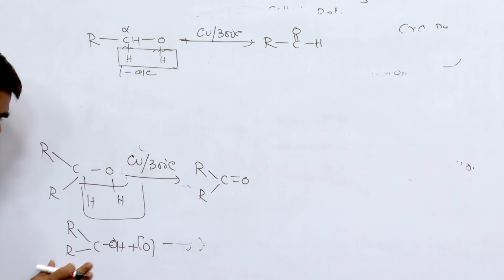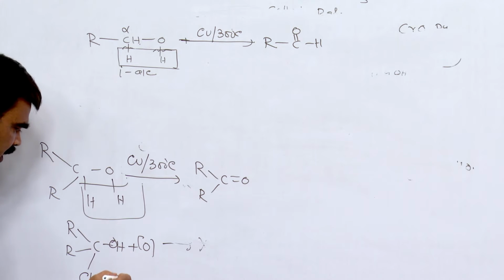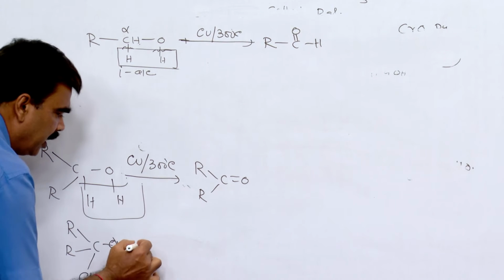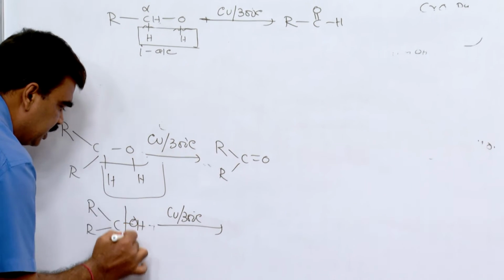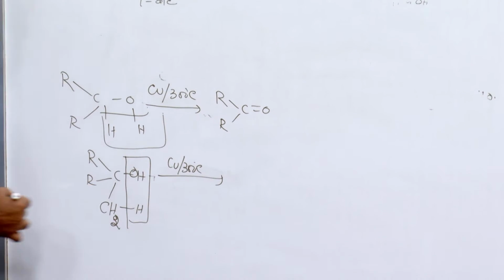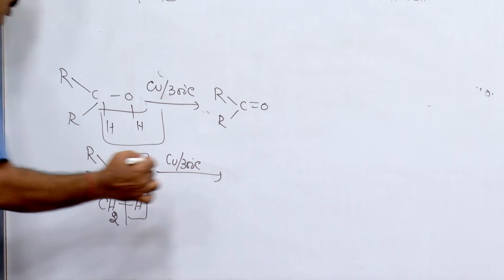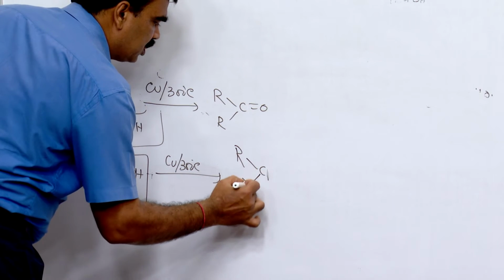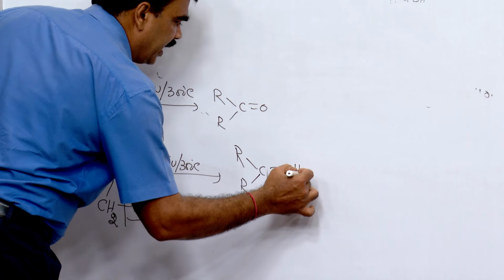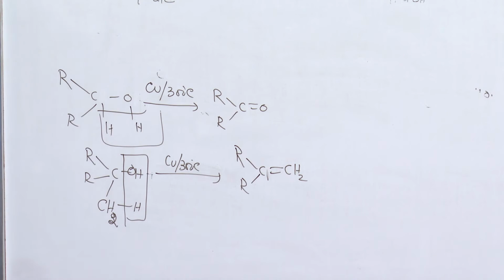If you take tertiary alcohol, I have already discussed it, when heated with reduced copper at 300 degrees Celsius, instead of dehydrogenation, it undergoes dehydration to give you alkene. This is the difference in reaction between primary alcohol, secondary alcohol and tertiary alcohol with reduced copper at 300 degrees Celsius.